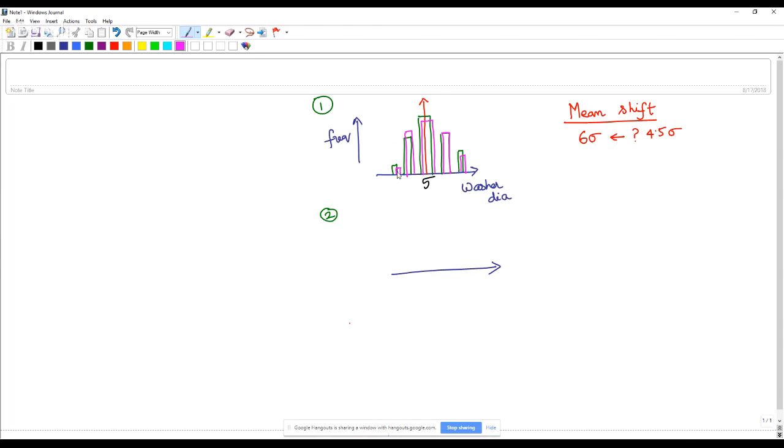As you can see, the green frequency plot corresponds to day 1 and the pink corresponds to day 2.